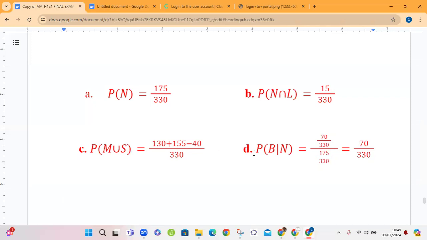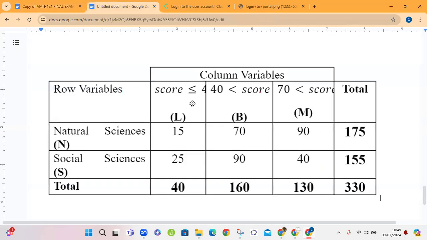And D, what is the probability that this student scored between 40 and 70, given that they are from the natural sciences? So after knowing that they are from the natural sciences, what is the probability that this student scored between? So we must use the conditional rule for probabilities, which is the probability of B intersect N over N. N is the condition. Now B intersect N is 70.